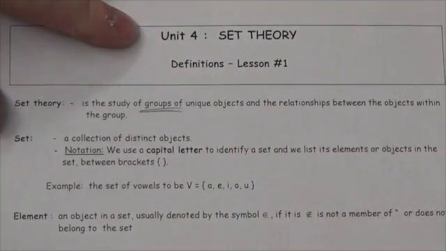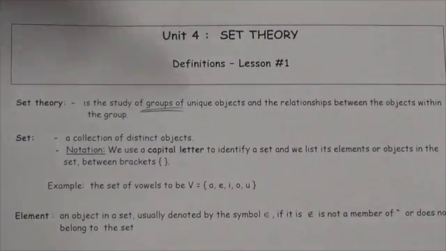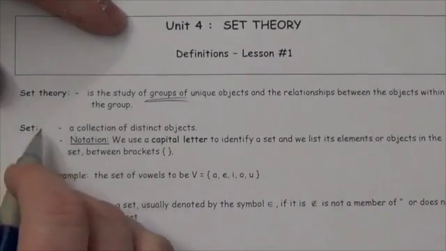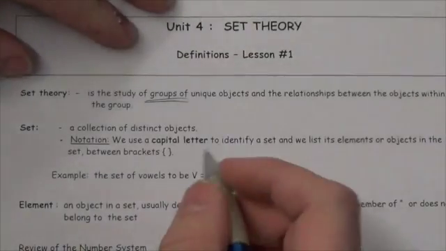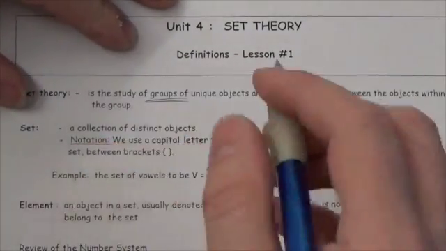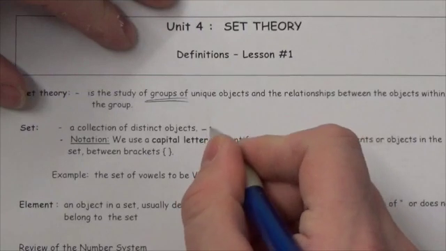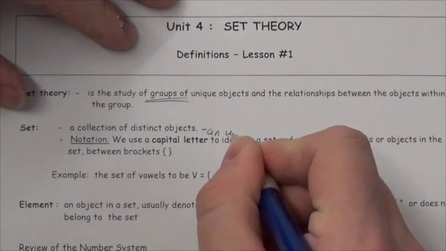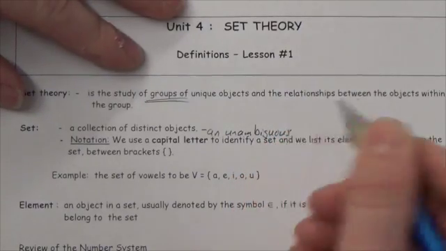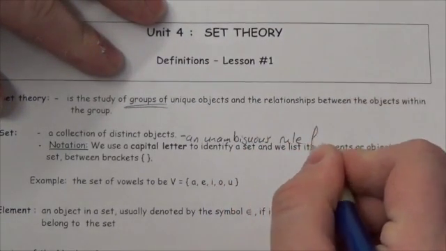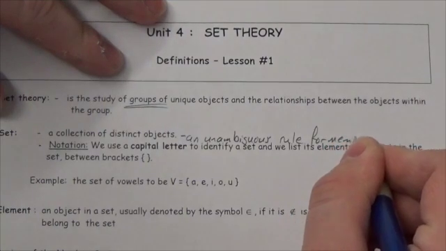Now to start off with, we're going to just look at some definitions and some notation here. Specifically, let's talk about a set. A set is a collection of distinct objects. Now, we want to be clear here. When we talk about a set, there is an unambiguous rule for membership.